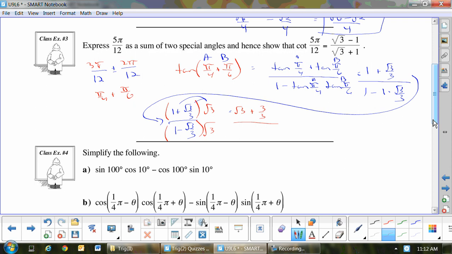Because 3 over 3 is 1. Okay, if I multiply this out, this is going to be 1 minus 3 over 3. So this equals root 3 plus 1 over 1. Oops, sorry, that's root 3. It's root 3 minus 1.